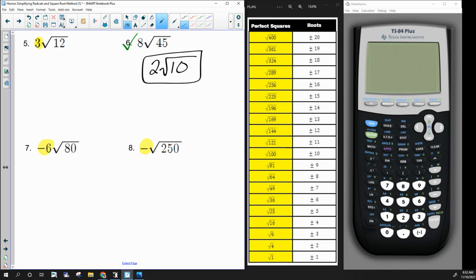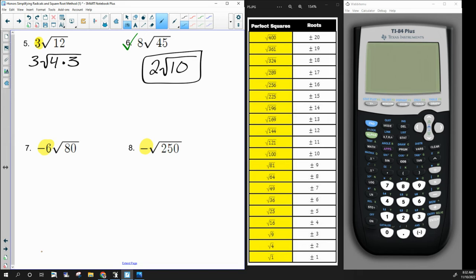So the only number we have to check is 4. Can you divide 12 by 4? Yeah. 12 divided by 4 is 3. So instead of writing the square root of 12, we'll write it as 4 times 3. Again, all I did was change the appearance of my radical. Instead of putting a 12, I just wrote it as 4 times 3.